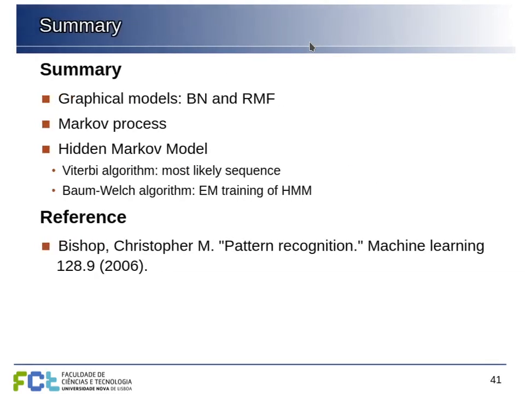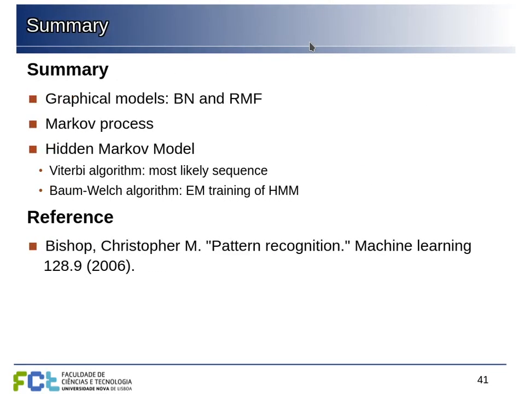So to sum up, we saw graphical models, Bayesian networks, and random Markov fields. These are two different ways of representing relations between variables, and these are often useful in bioinformatics when we have to deal with large amounts of data, noisy data, and we want to capture these relations between many different variables using probabilities.